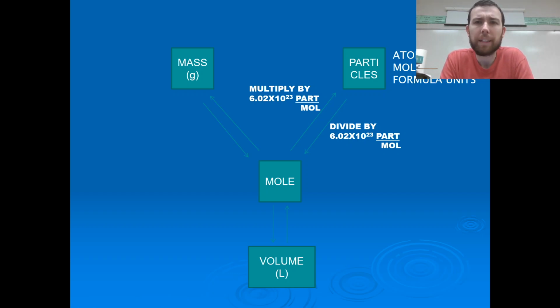But there are other things that we can use Avogadro's number for in order to get to that number of particles. I'm just thinking of recently in AP Chem, we've been working with photons. If you guys remember, when we talk about the energy of photons, it's typically in joules per photon.